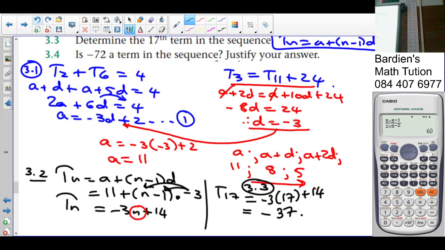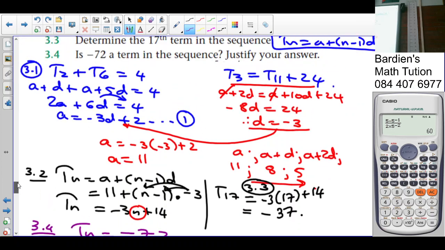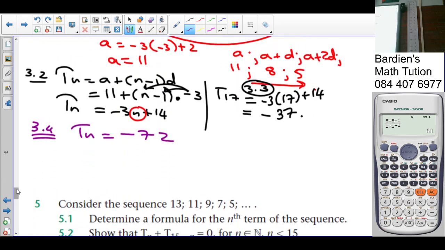Any issues there? The last one: is negative 72 a term of the sequence? Justify your answer. So in other words, Tn must be negative 72, so we're calculating the n value, not so? Negative 3n plus 14 is equal to negative 72. Take it over the equal sign: negative 3n is equal to negative 72 minus 14, which is negative 86, divided by negative 3.